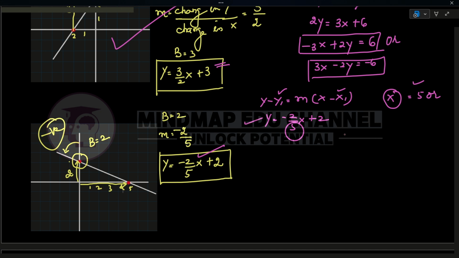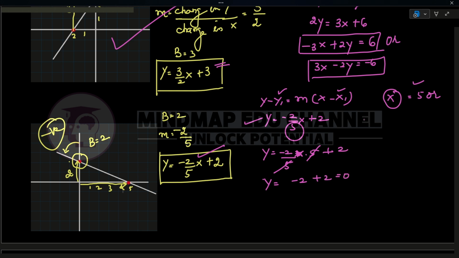So, if we substitute 5 here, we will get y is equal to minus 2 over 5 into 5 plus 2. So, here it will get cancelled, okay, here this is a multiplication sign, not x. So, here you will get y is equal to minus 2 plus 2, 0.